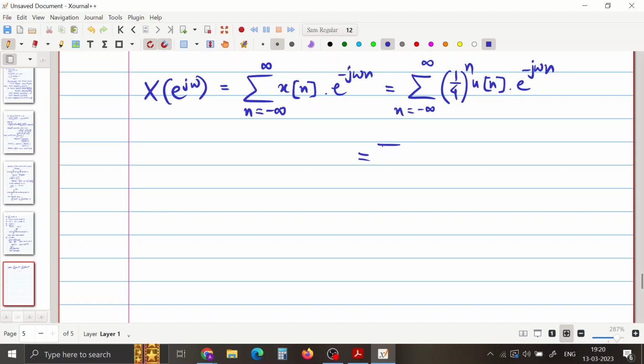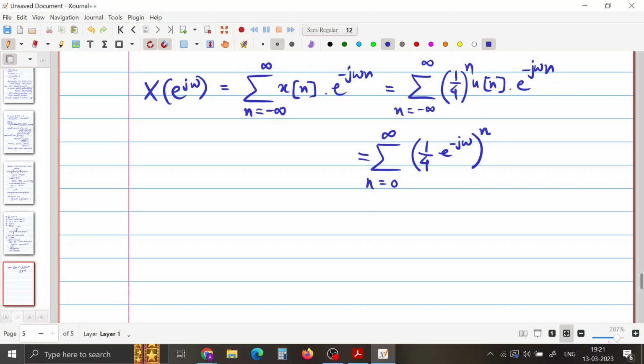Correct. Very good. So u of n becomes 1, and like you said, we can pair the two terms together, and what we will get is this.